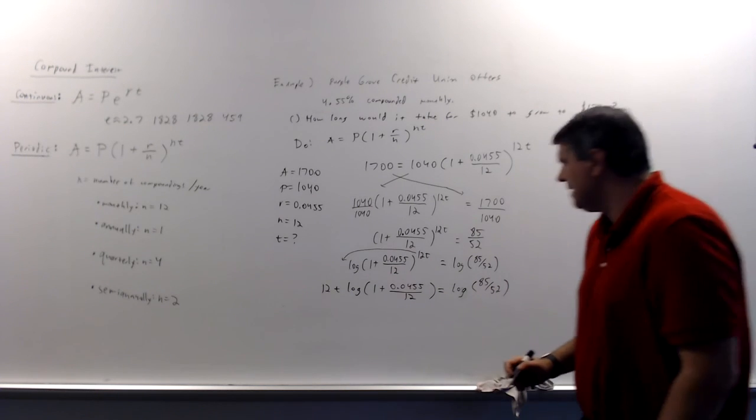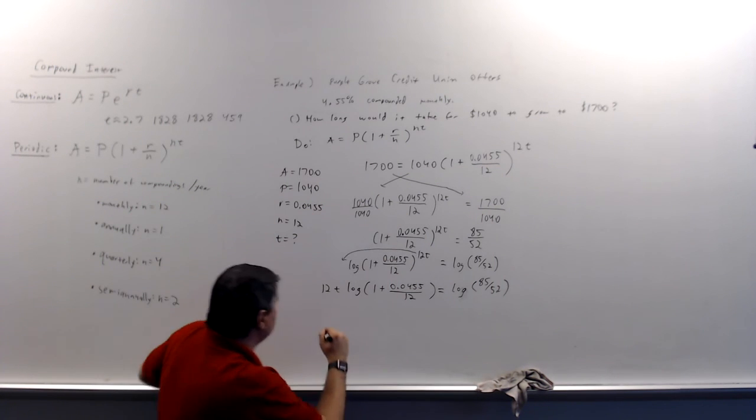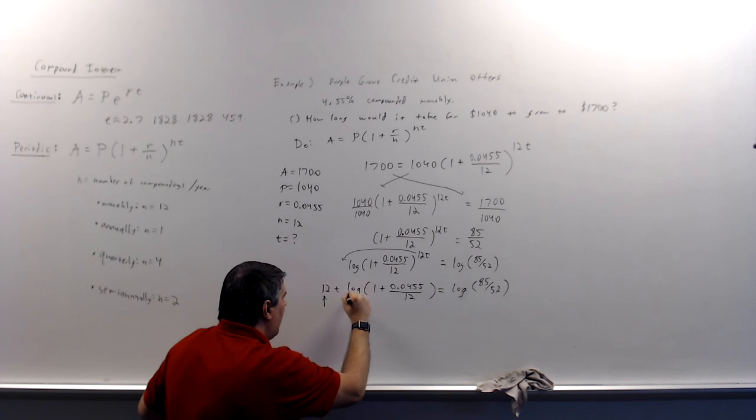Okay. Now I want to get the 12 by the t by its lonesome. So what I will propose to do is divide both of these off.